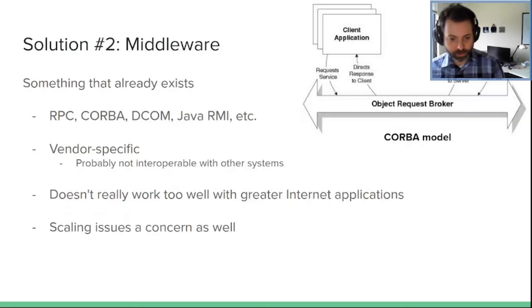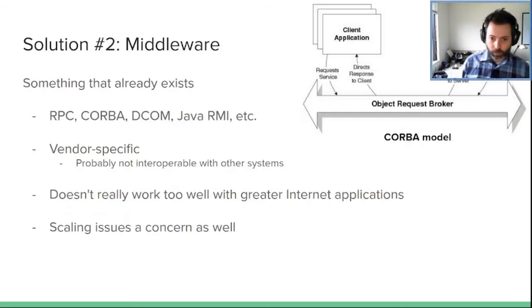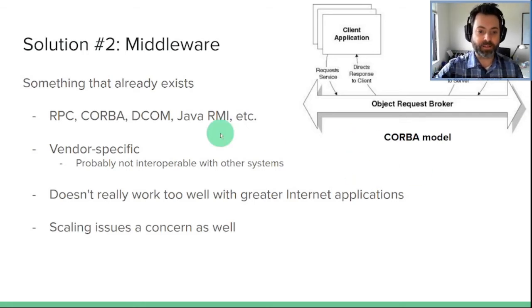All right, solution number 2. I used that term middleware. We have some application in the middle of our setup. Now, we're basically going to take the idea of building it ourselves and bring in this custom thing that's going to help us out. Now, if you have ever done any network programming or dealt with any applications where you have a distributed type of setup, you might have seen some of these acronyms.